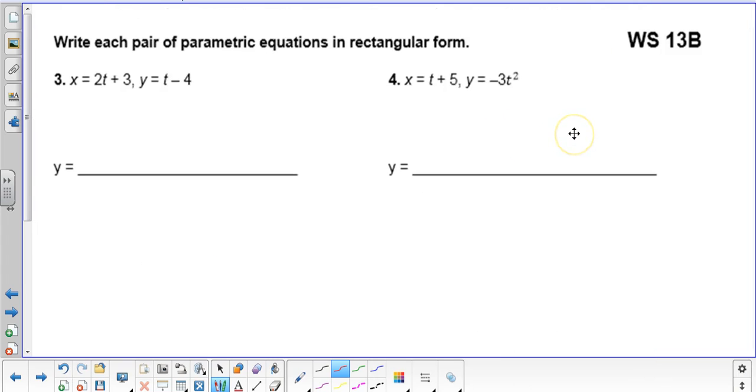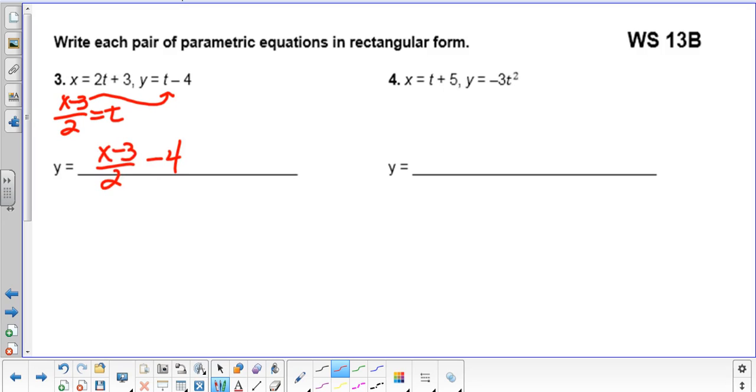All right, can we practice eliminating a t real quick, and then we're going to do our application. Who wants to do number 3? Anybody tell me what to do? What do you want to do, Ben? Right, so on the x part, you just subtract 3 and then divide by 2. Okay. Right, and then you take that value and put it in for t in y, so y equals (x minus 3) over 2 minus 4.